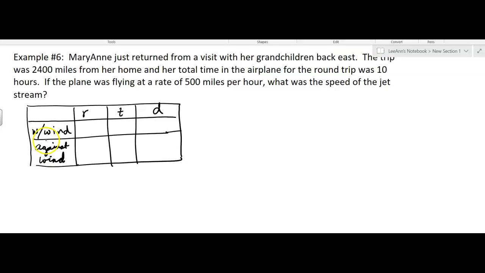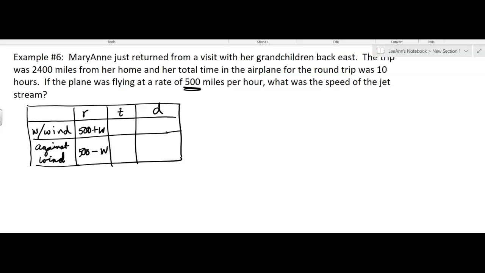The plane on its own goes at a rate of 500 miles per hour. So when you're flying with the wind, you're taking the 500 plus W. I'm using W for wind. You could use J for jet stream. But when you're against the wind, then it's the 500 miles minus W. Then the wind is slowing you down.